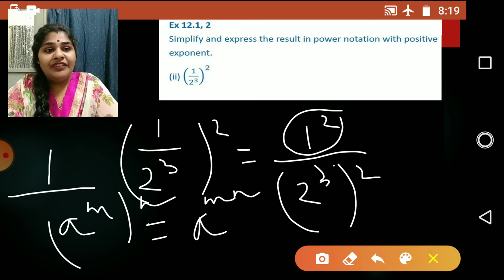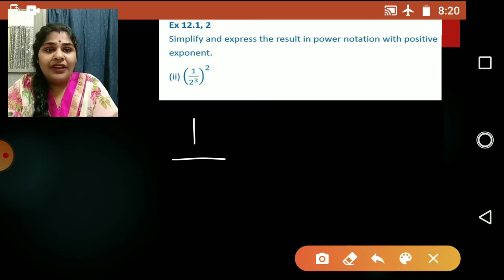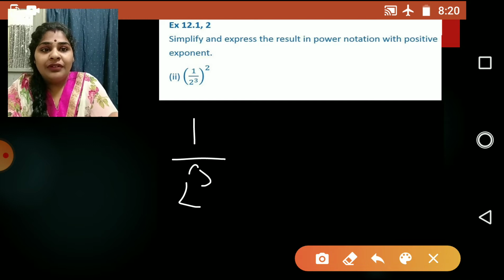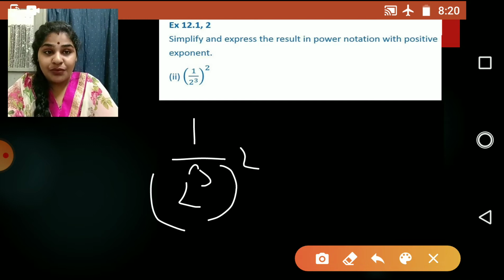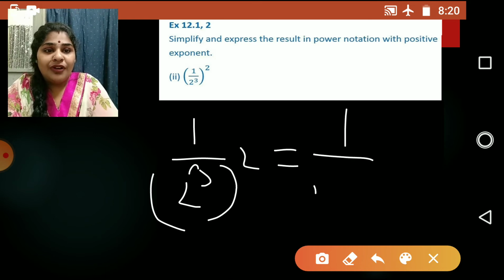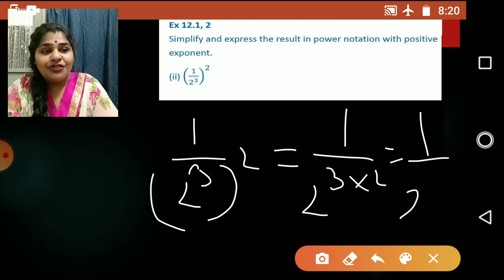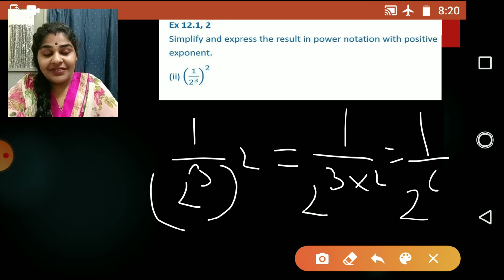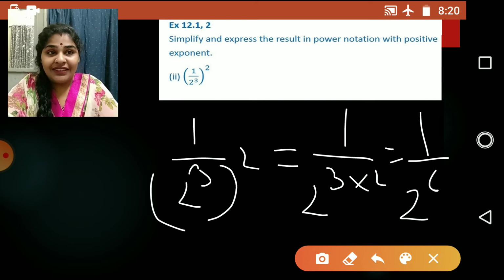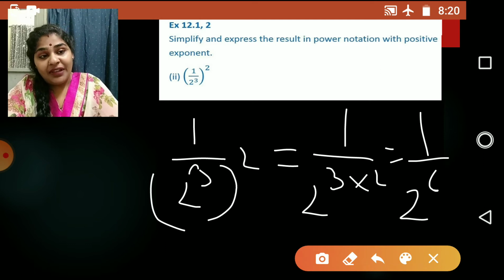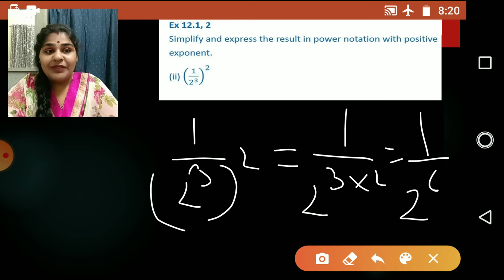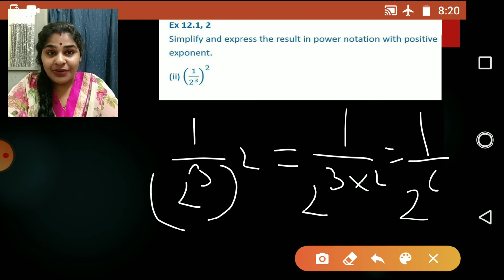So 1 upon 2 cube whole to the power 2 is equal to 1 upon 2 to the power 3 into 2, which is equal to 1 upon 2 to the power 6, that is 3 into 2, 6. I hope this is clear. So this is again in the power notation, and the exponent is 6, which is positive. So this is the final answer, that is 1 upon 2 raised to 6.